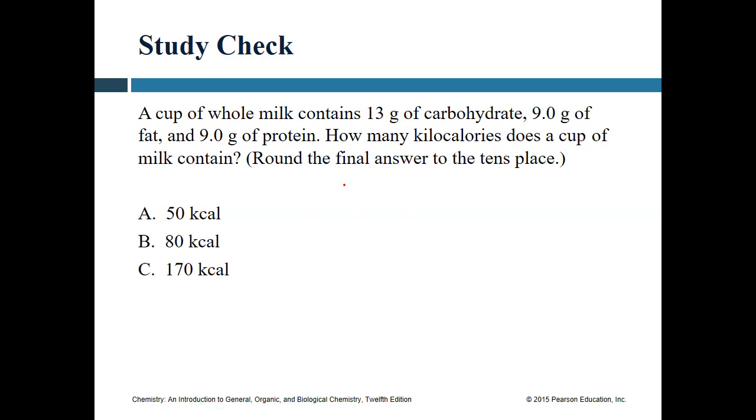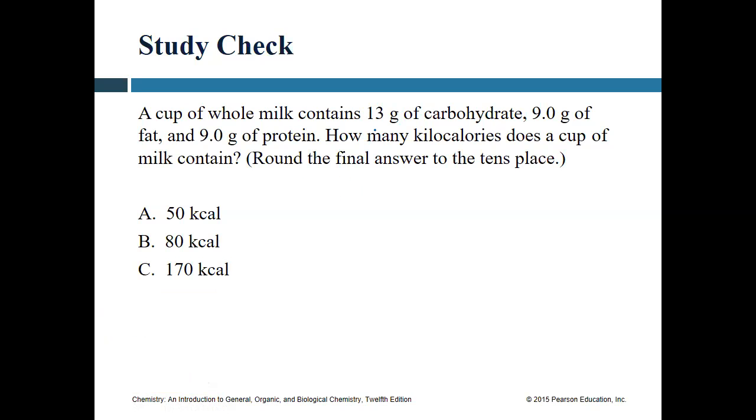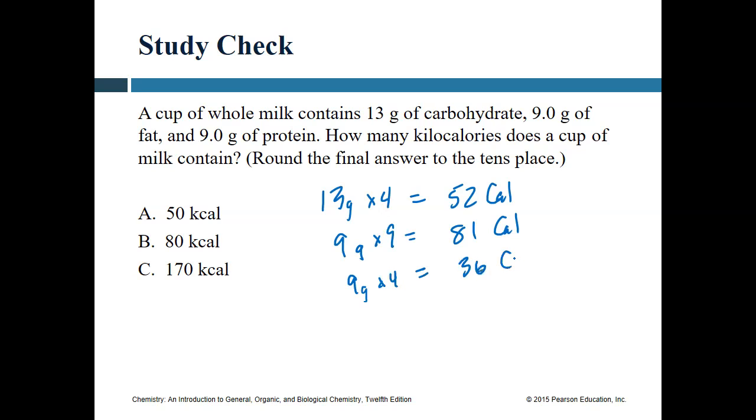If I wanted to look at the number of calories in a sample of milk, 13 grams times 4 would give me 52 calories for carbohydrate. 9 grams times 9 would give me 81 calories for fat. 9 grams times 4 would give me 36 calories for protein. 52 plus 81 plus 36 is 169 calories, which on the label would have been rounded up to 170.